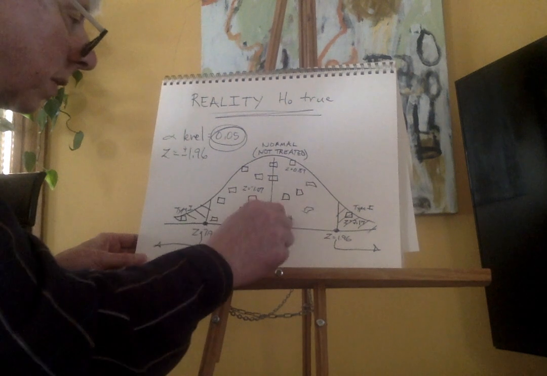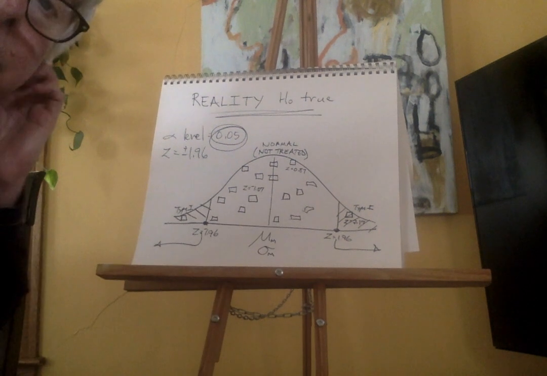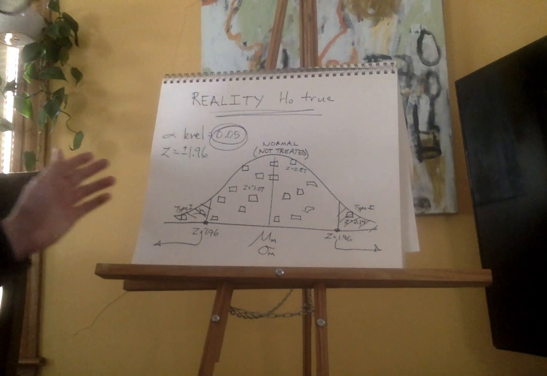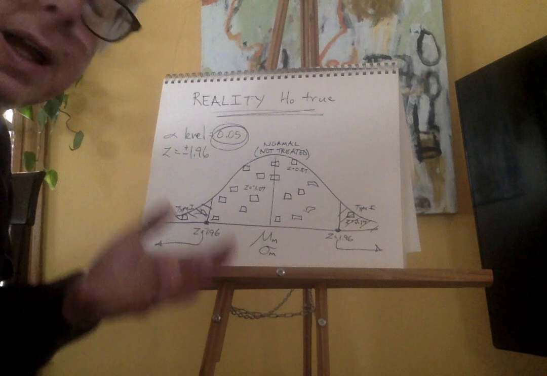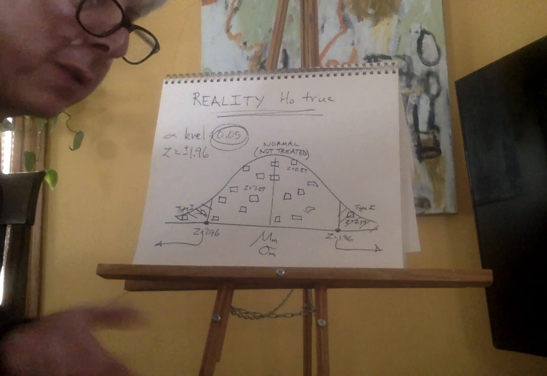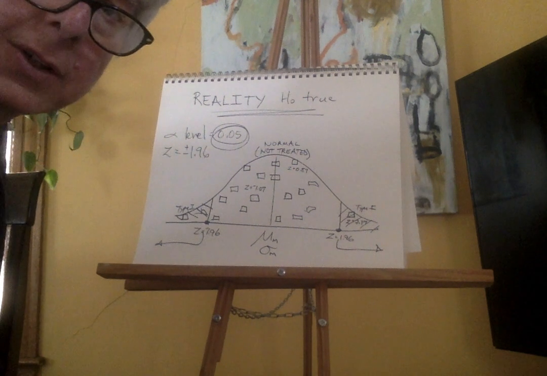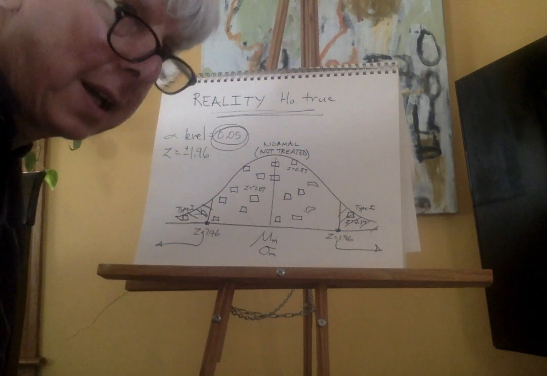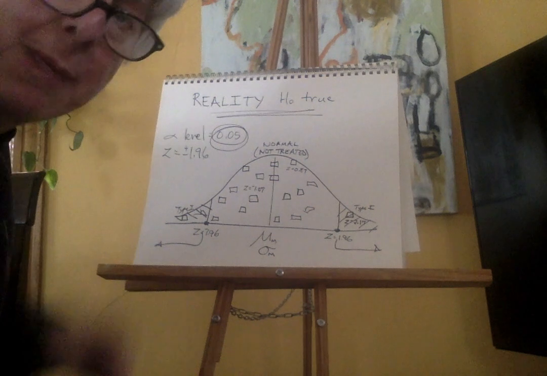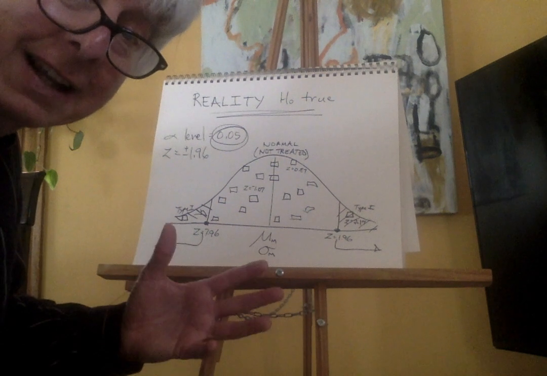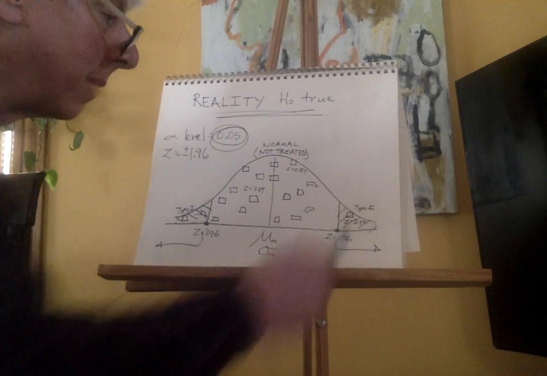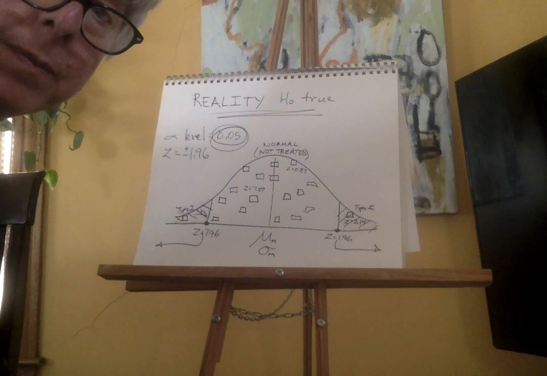As soon as we go in here, we're going to make a mistake. Hey, this is like when I said I don't think a meteor is going to hit this room, and all of a sudden, boom, it hits the room. I mean, oops, that's not going to happen very often, but I'm going to make a mistake when I say that's not going to happen. These are unusual cases where we're going to make a mistake, okay?